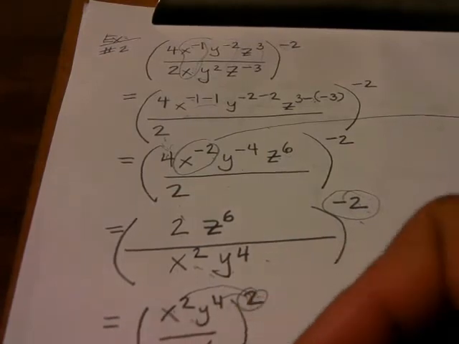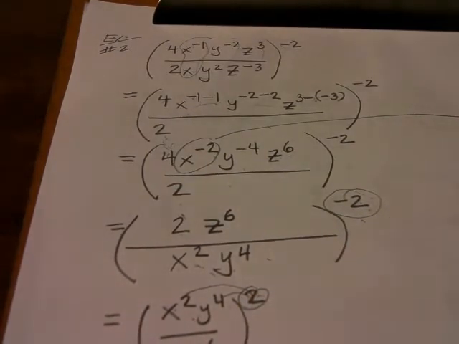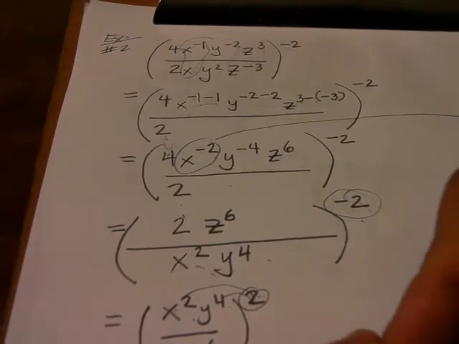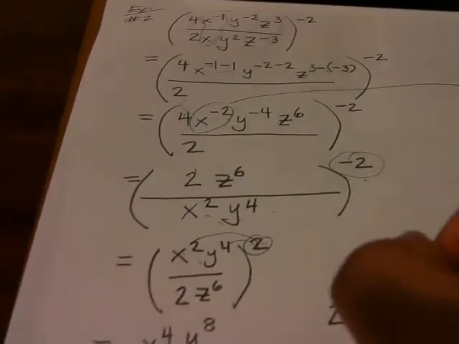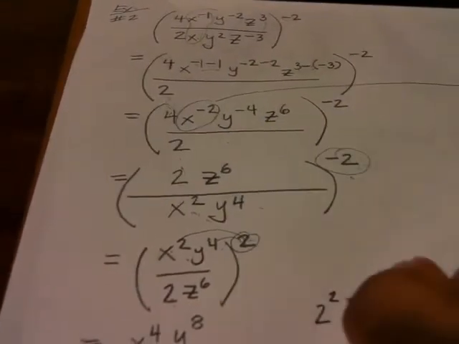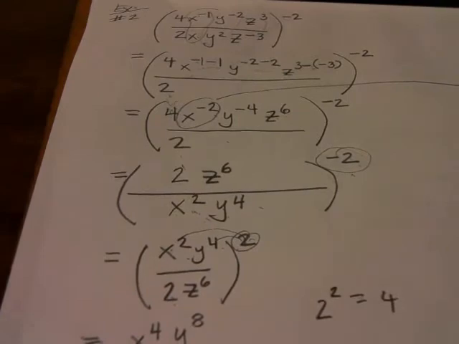Now, when you raise to the power of 2, you're multiplying the base times itself. So instead, you will actually have 2 squared, so 2 squared is 4. You do the same thing, but the numbers are different, because any exponents that you raise to a power, you multiply.